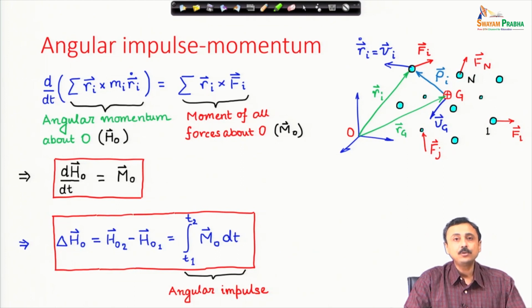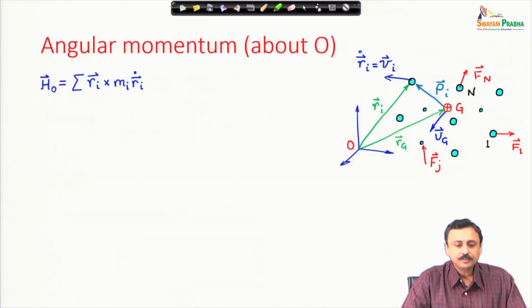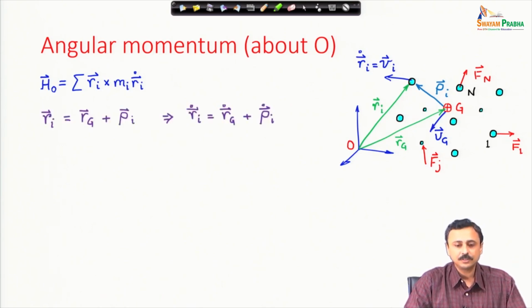The integral of moment over time is known as the angular impulse. So, this is the angular impulse momentum relation. If the net moment about O is 0, then the angular momentum will be conserved.